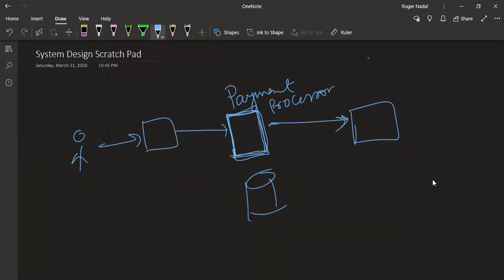So I can make a request to the payment gateway, through the payment gateway to this third party. Now, if I add more replicas of this payment processor, I may not know whether I am double charging the client or not. So what should I do?